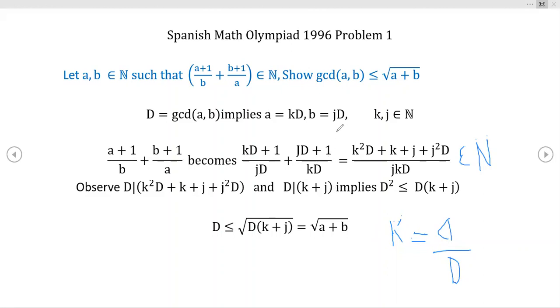And J is equal to B divided by D. Now, you probably didn't need to see that, but that's exactly why K is equal to A over D and J is equal to B over D. You can see exactly why this product has to be equal to A plus B.